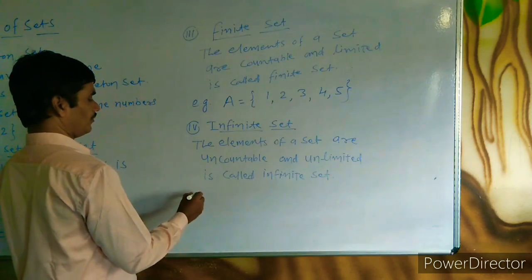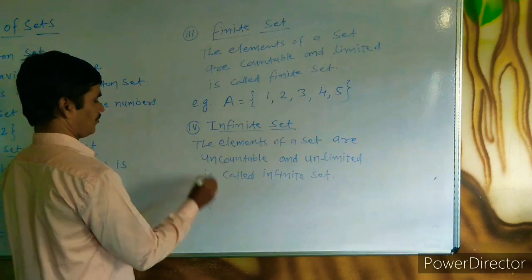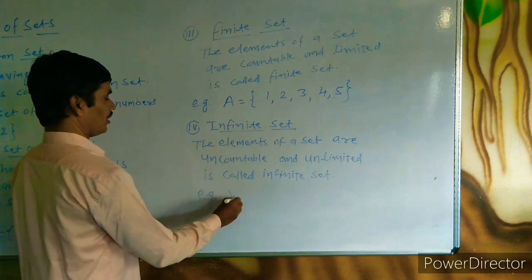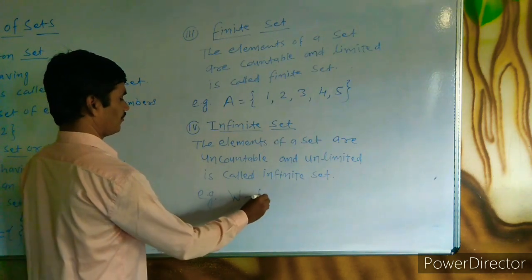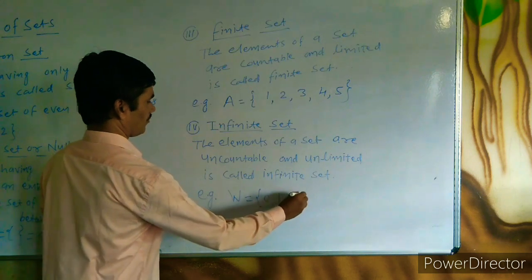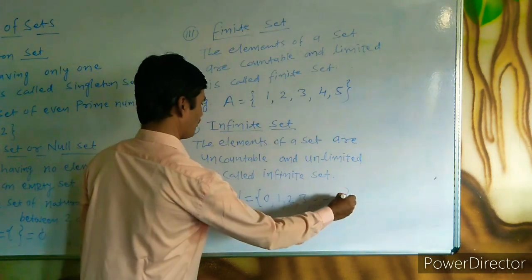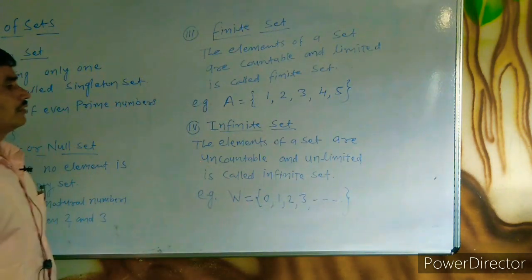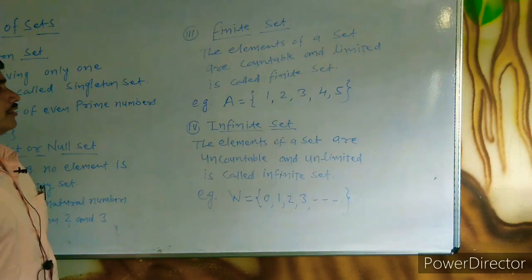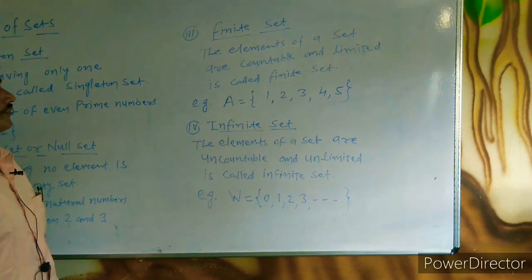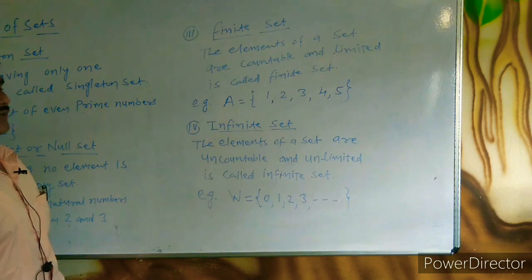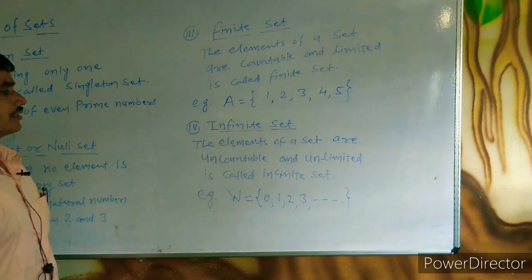For example, the set of whole numbers. Or next definition, counting of elements does not terminate at any stage is called infinite set.